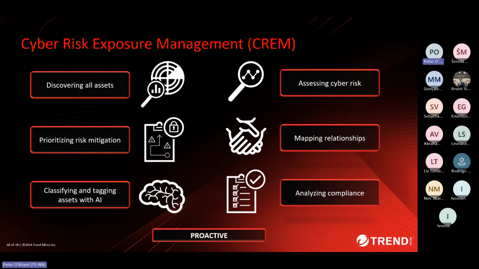Once you actually know what you've got and can see that visibility, then you can start to prioritize the risk mitigation. Knowing what to address first, you can focus your resources on taking care of that, as opposed to something that is lower risk. I do this all the time in my environment because I'm the only one that deals with it, so I've only got a limited amount of time.